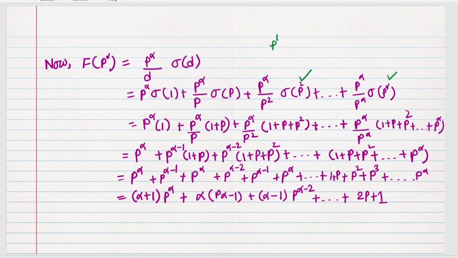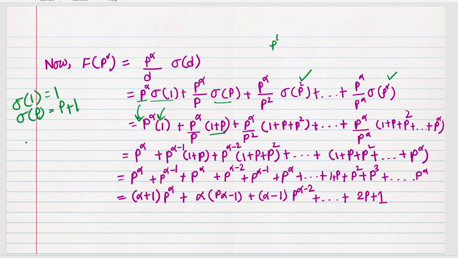We know that sigma of 1 is always equal to 1, and sigma of p is 1 plus p.